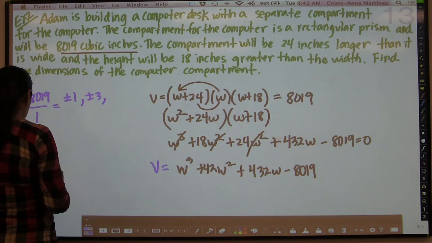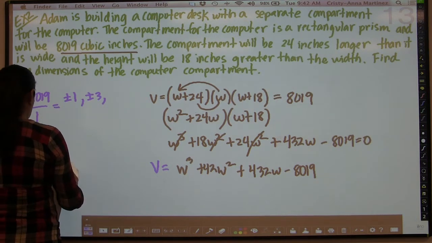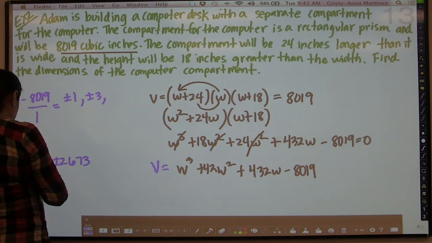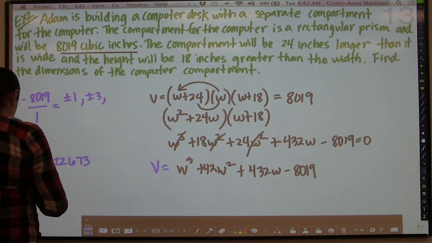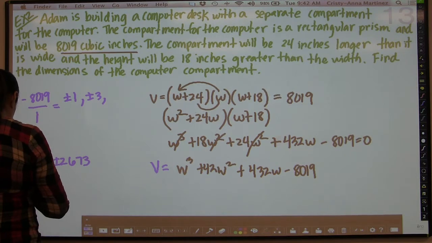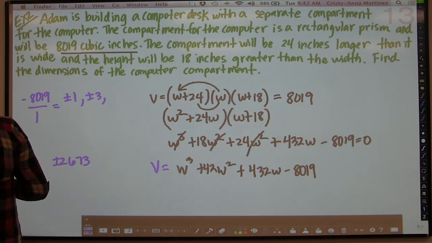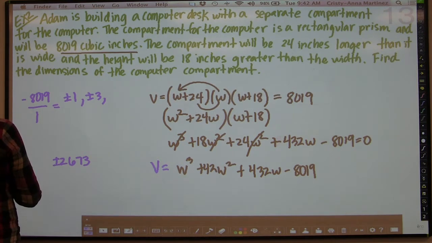So I know that 3 times 2673, 8019 divided by, it's not going to be divided by anything that's even because it's 8019. So divided by 9.